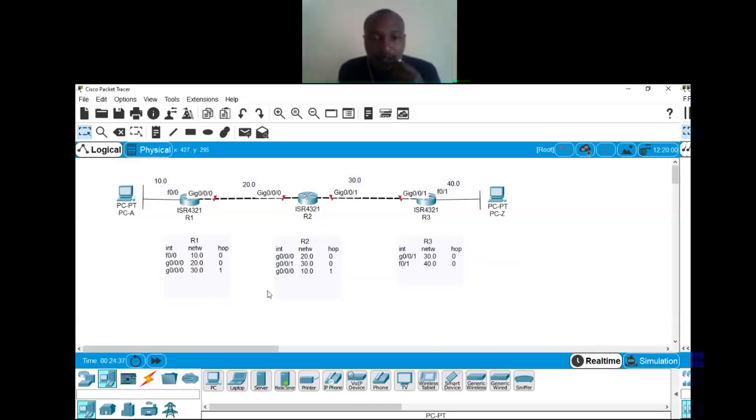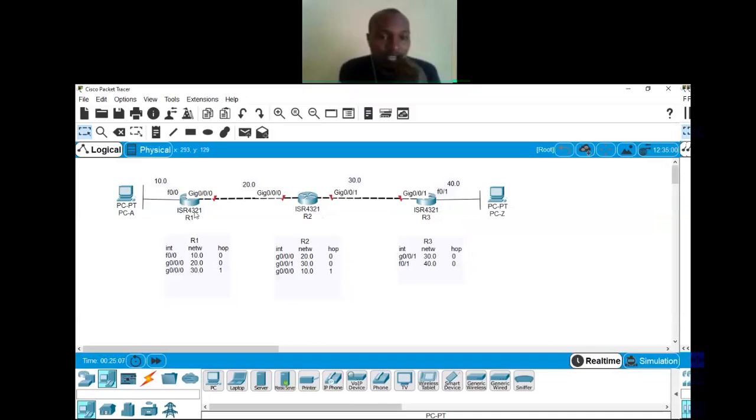It checks its routing table. Do I know about network 10? Yes, I know how to reach network 10. It's on gig 0/0. I need to send the data to gig 0/0, but I know it's not directly connected to us, so there's a very tiny possibility that it won't reach. But I'll send it to gig 0/0. So it sends the data, which slides to R1.